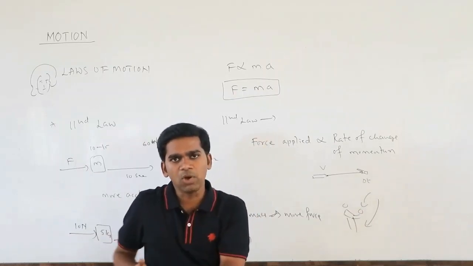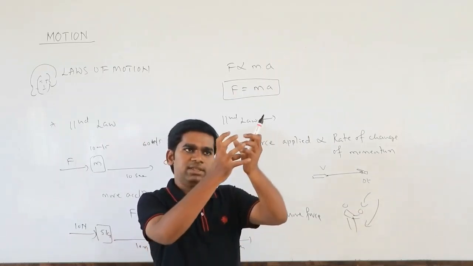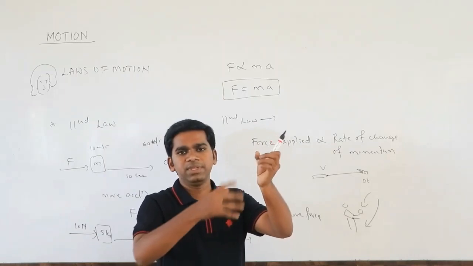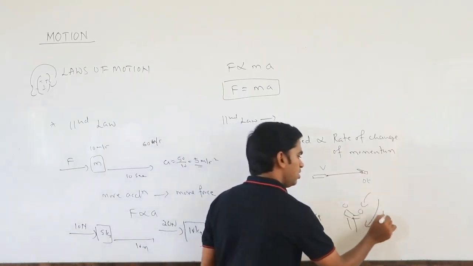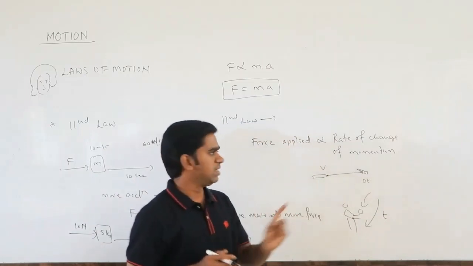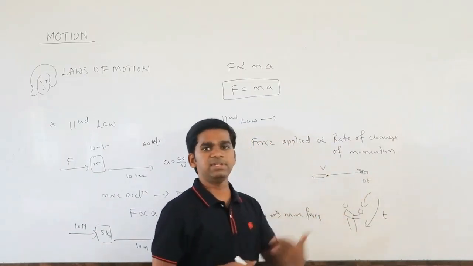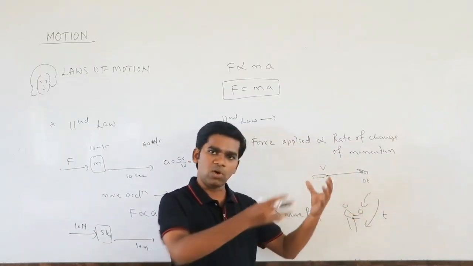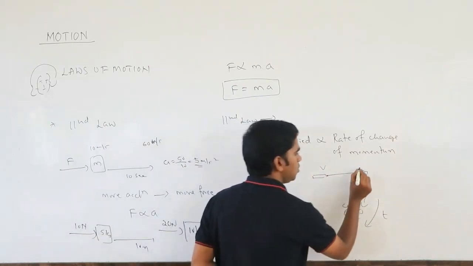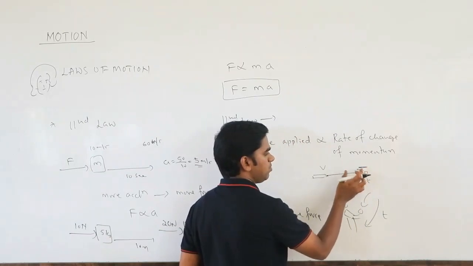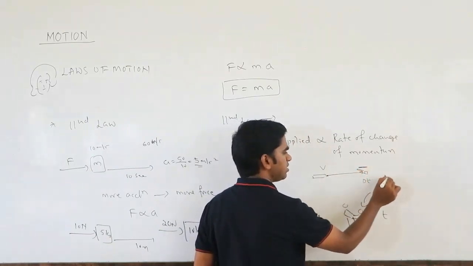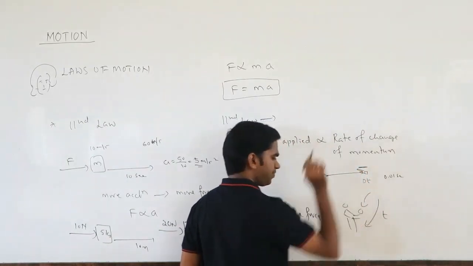If you take it for a longer time, the change in momentum is going to be reduced, meaning for a longer time it is going to be in your hand. If it is there for a shorter time, the effect is more. To change this much amount of motion, if the time taken is very less, say 0.01 seconds.